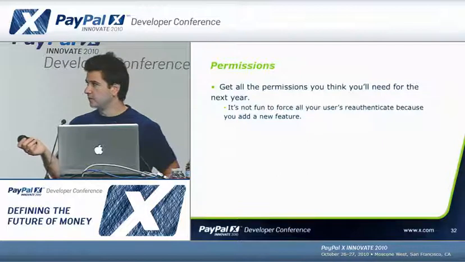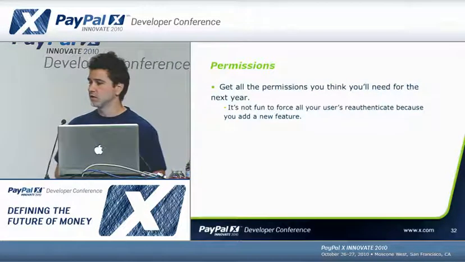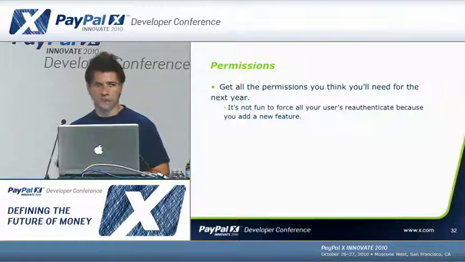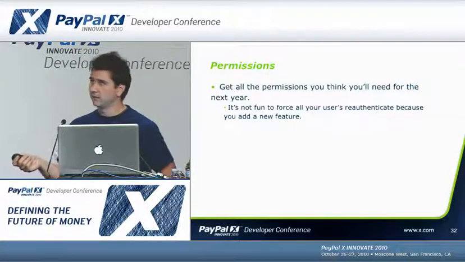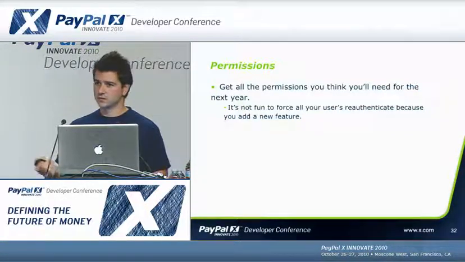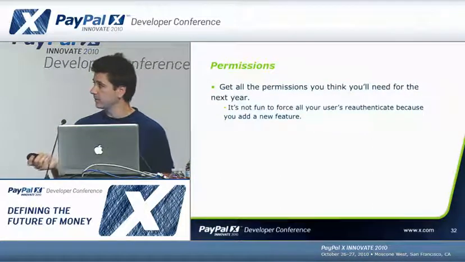I won't go through all the details, but I would look through the permissions API and choose what you think you're going to need for the next year. Don't go overboard, but in general, it's a pain to have all your users re-authenticate to add a feature. So you might as well get a reasonable amount. Now, I would maybe think twice if you were starting to get write access, though, because most users hit a security threshold. But for us, we're doing all reads, so it's really not that big of a deal.